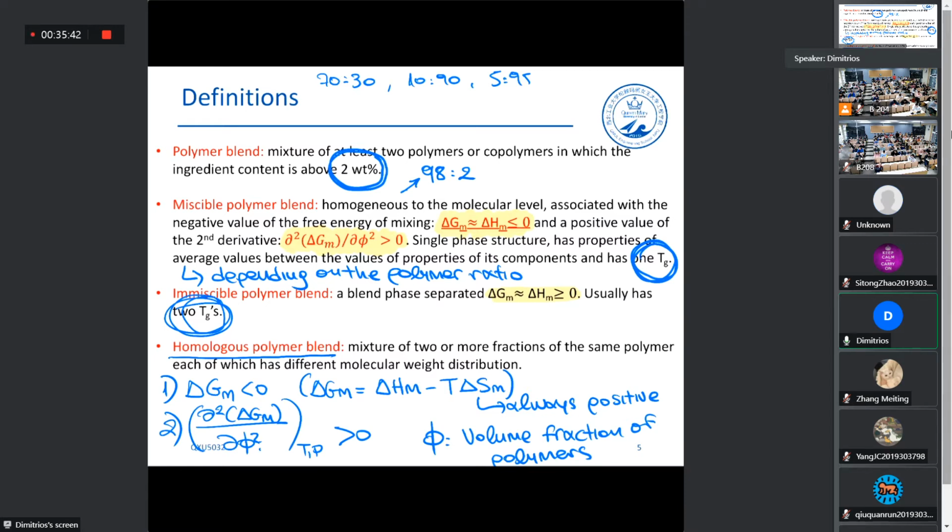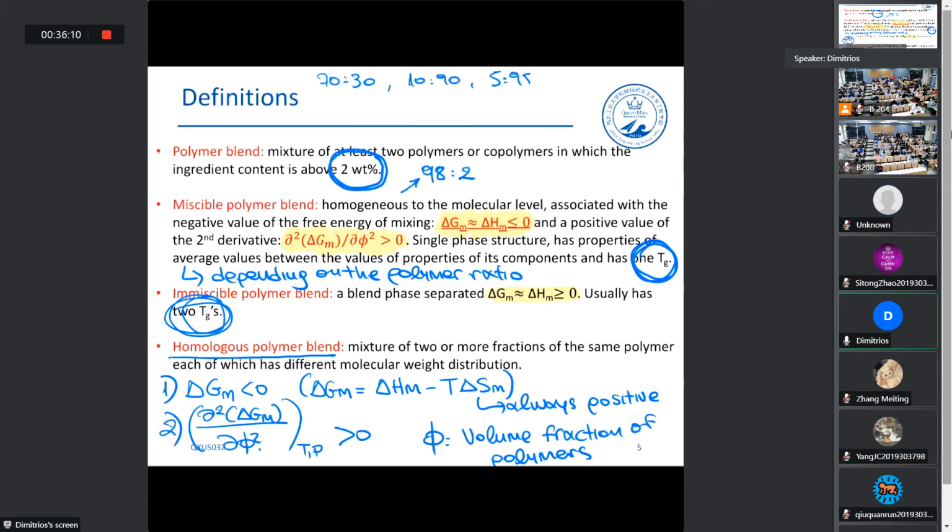So we have, let's say, low density polyethylene with high density polyethylene, and we mix these two, okay? That is a homologous polymer blend. As you would expect, this is a miscible polymer blend, but doesn't present a significant interest towards the blending industry.